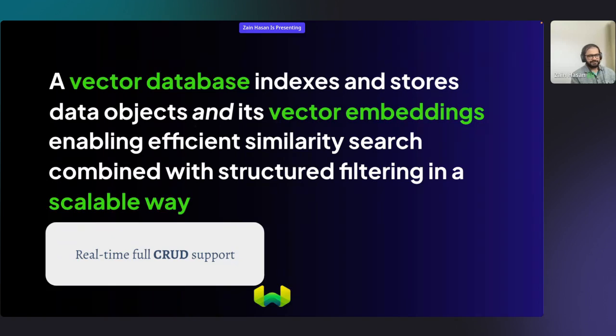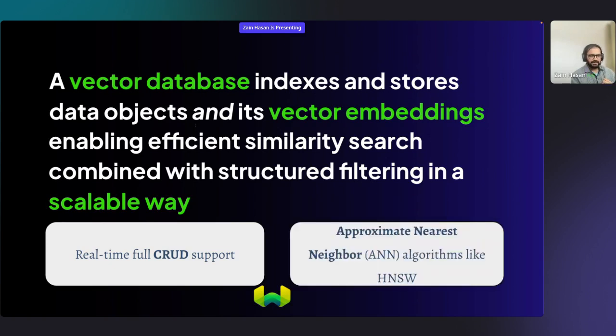And so the two things that we need to add to this concept here is that we need real-time CRUD support. We need to be able to add thousands of objects, remove, update objects as we would in a SQL-like database. And then we need a way to scale our search, because, as we'll talk about in a second, if you know about the k nearest neighbors algorithm, that is very compute intensive and it takes a lot of time.